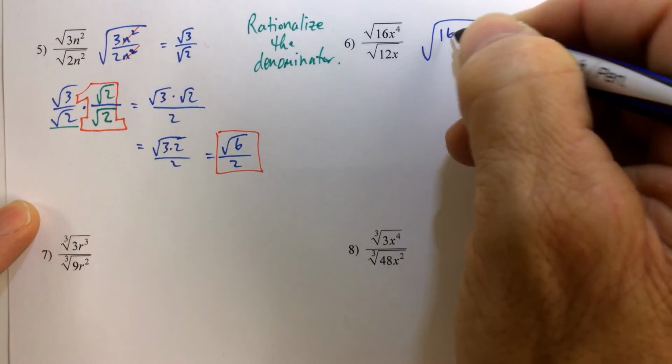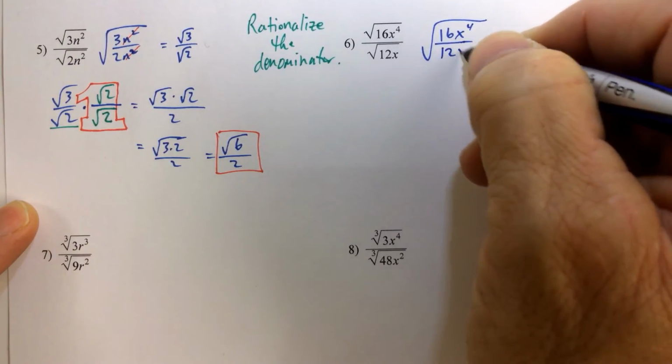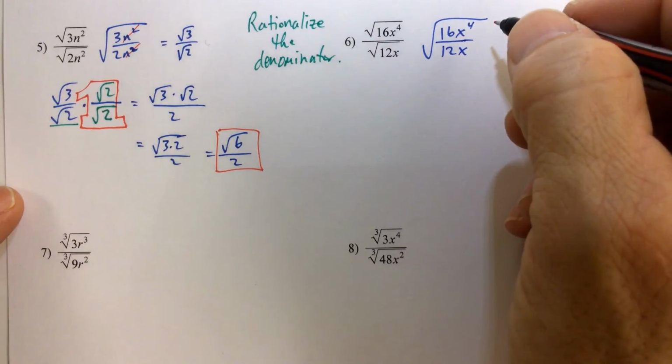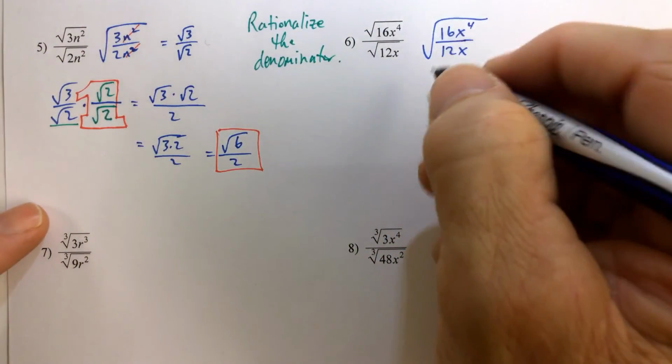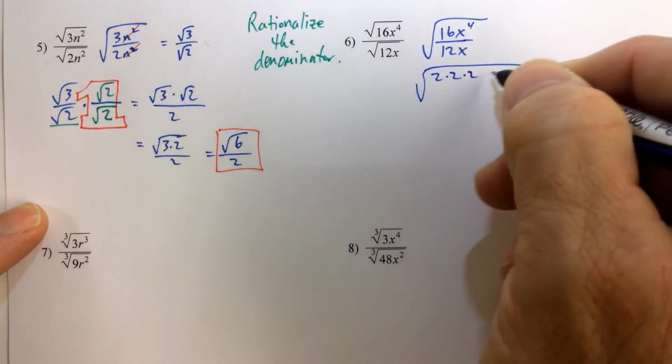16 over 12, so we're going to leave the 16 up there, we're going to leave the x to the 4th up there, and the 12x down here. Now we can cancel things right away, and let's do it this way so you can see it. This is a reminder of the last unit.